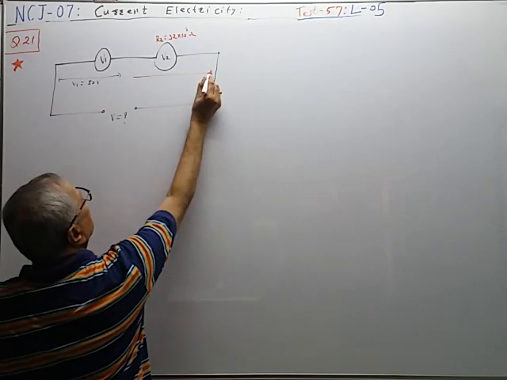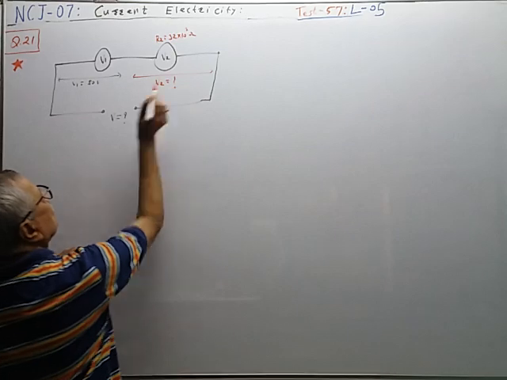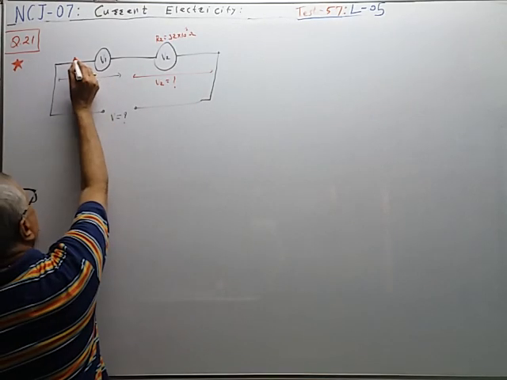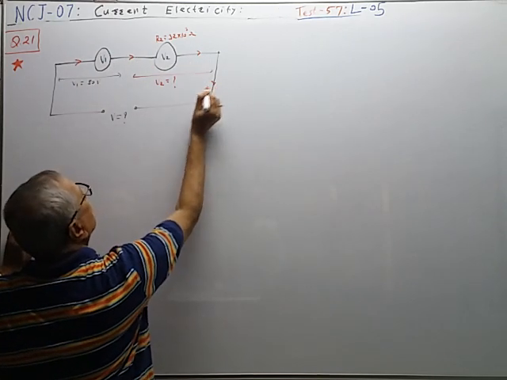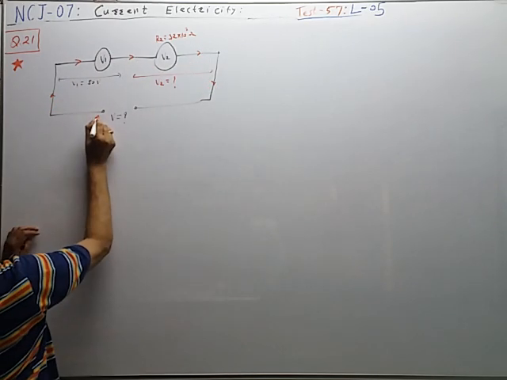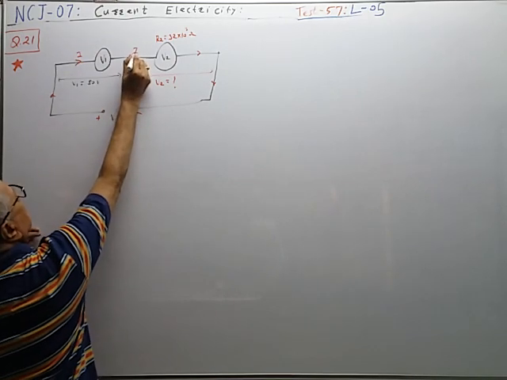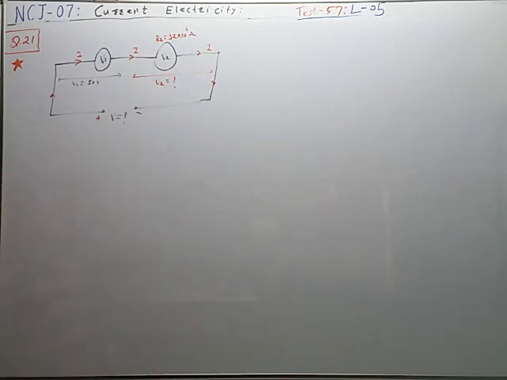This is V2. V2 is equal to question mark. So they are in series, therefore same current will flow. So this current is I, this current is I, like this.